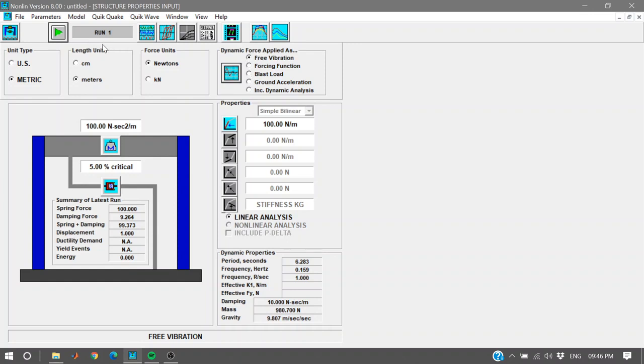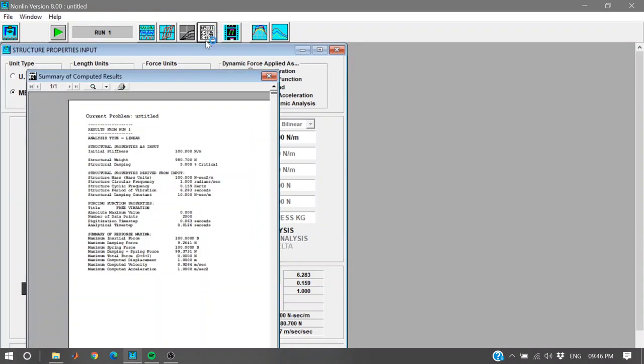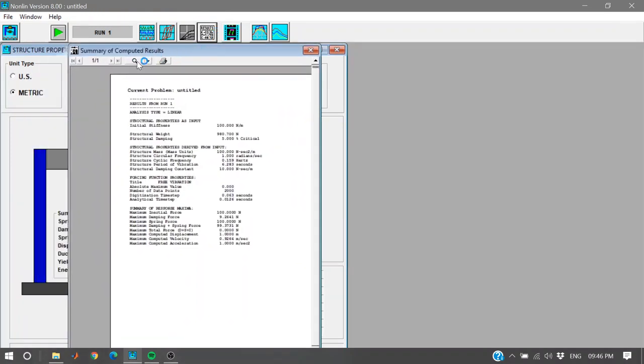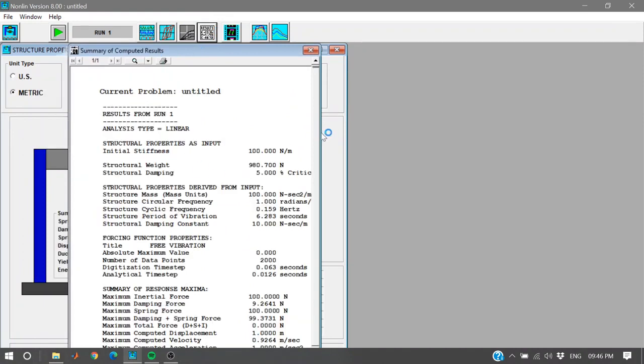Now to view the results, either we can directly see the main important results here, or we can also see the summary of our results in result tabulation, this option. If I click on this, a new window pops up, a report sort of thing.